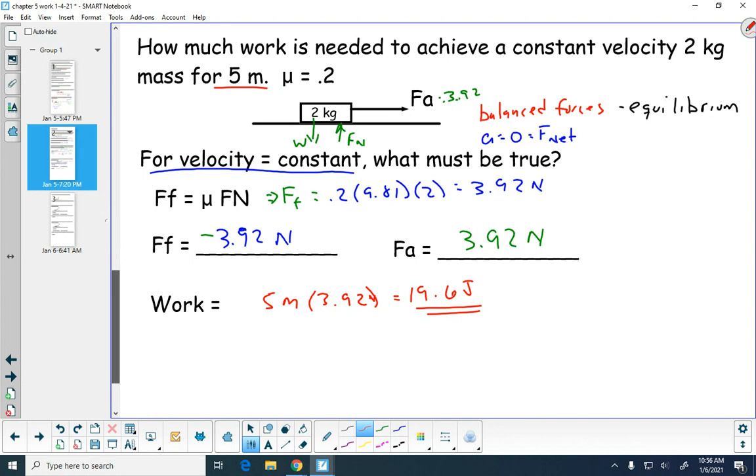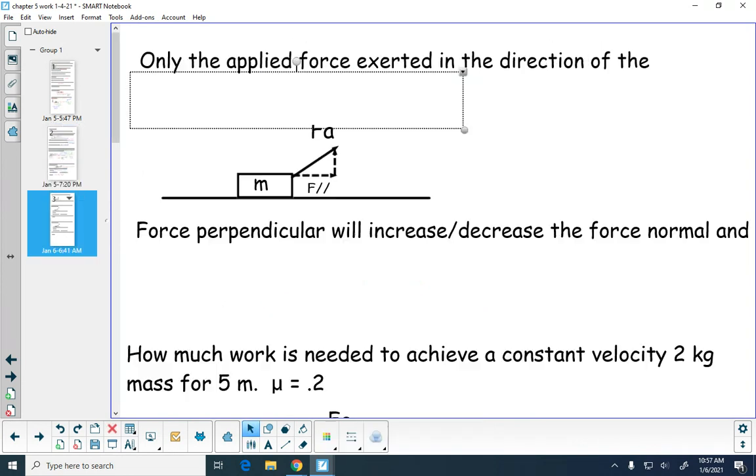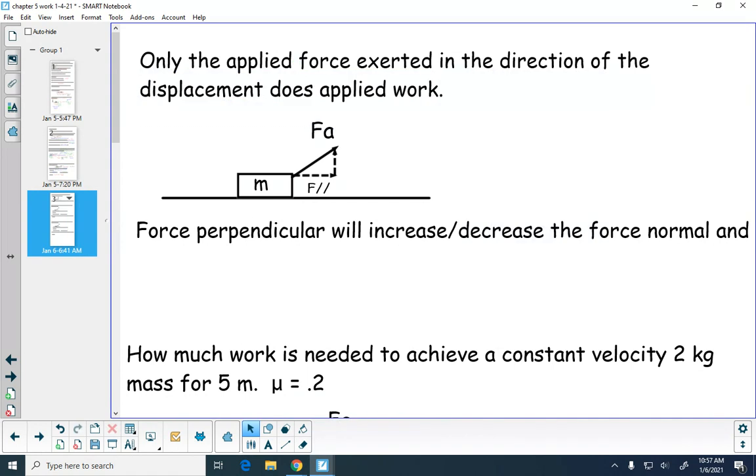Once again, we are not using the net force here because our net force would be equal to 0. If we multiply that by 5, we would not get any work being done. Only the applied force exerted in the direction of displacement does applied work.